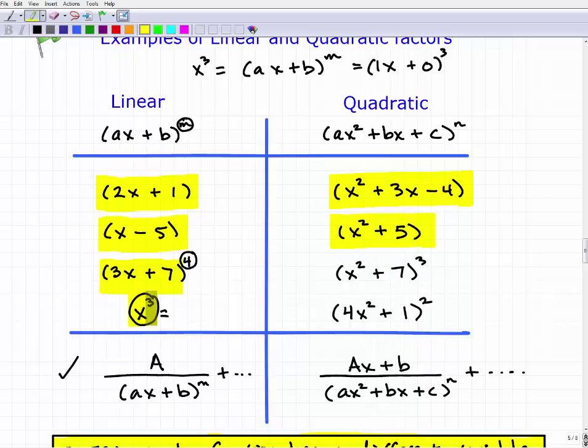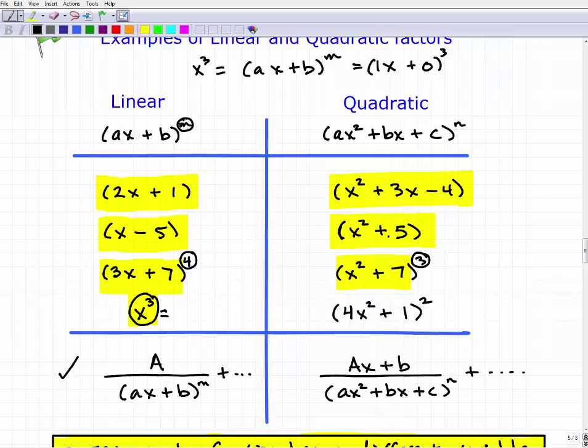That's by itself. Over here, x squared plus 5 with parentheses around it is a factor in and of itself. You can't factor this anymore, all right? So this is quadratic. (X squared plus 7) to the third power is a quadratic factor. Again, you have the x squared being added to another number, then that to a power.